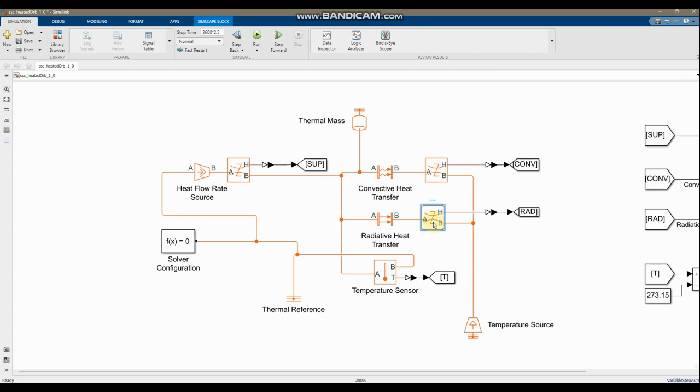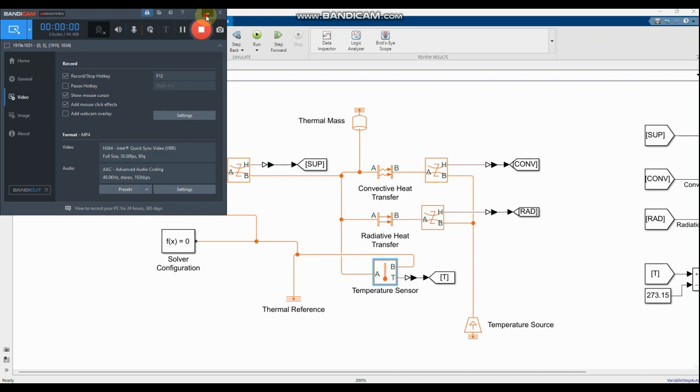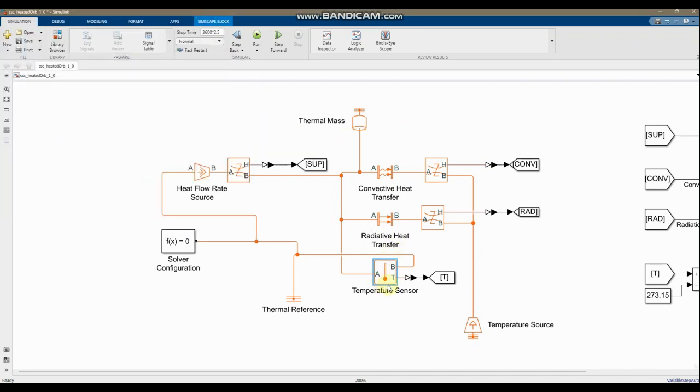We see another set of blocks over here which are sensors, which just sense how much heat is being transferred through each of these conduits. And I have another sensor, which is not a through sensor but an across sensor.